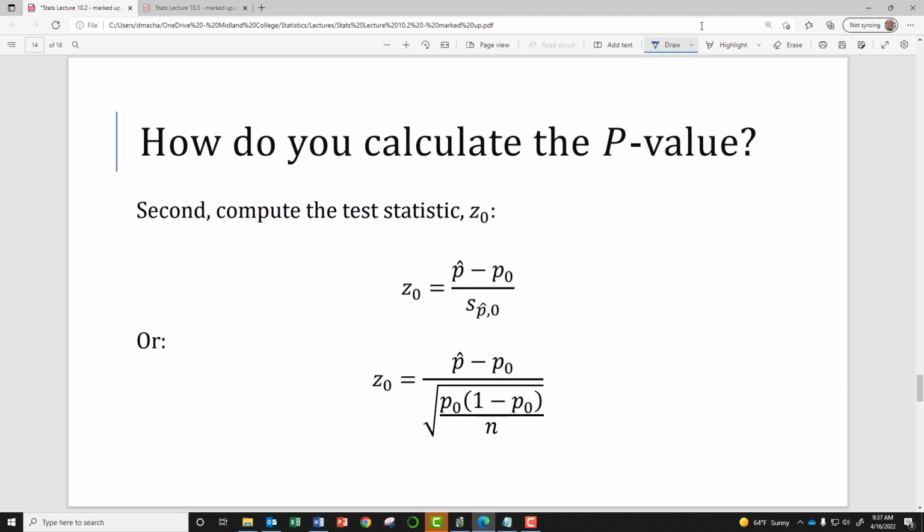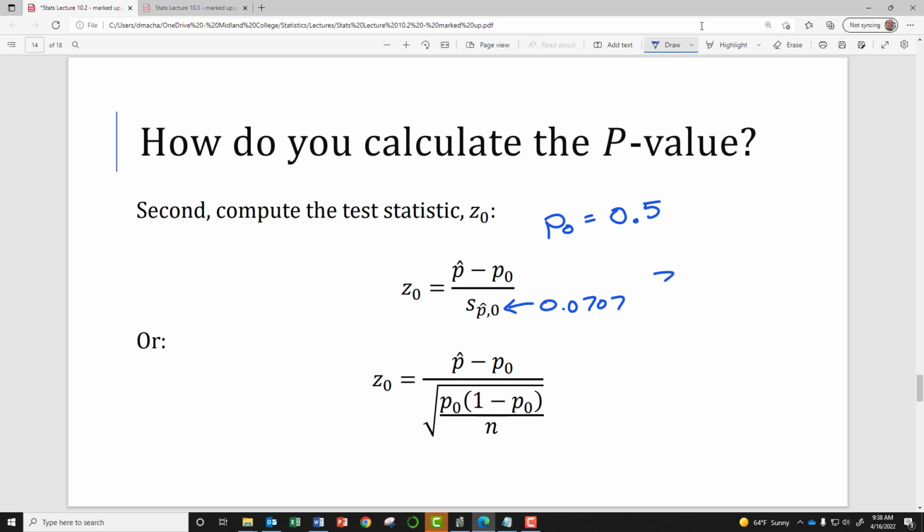We're going to calculate what we call the test statistic. So we'll use Z naught for this test statistic. Remember this value on the previous page, we calculated this to be 0.0707. In the numerator, we're going to do p hat minus p naught. Remember again that p naught was just the boundary between the null hypothesis and the alternative hypothesis. So that was 0.5.